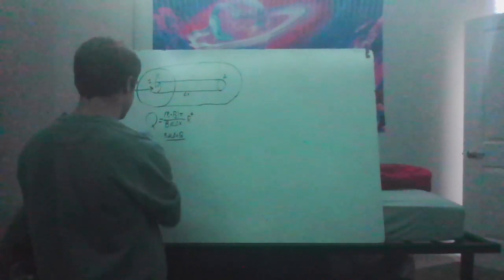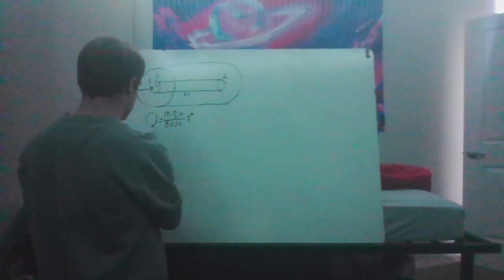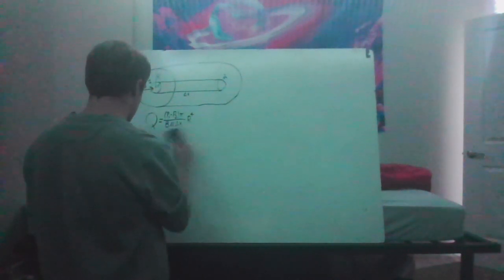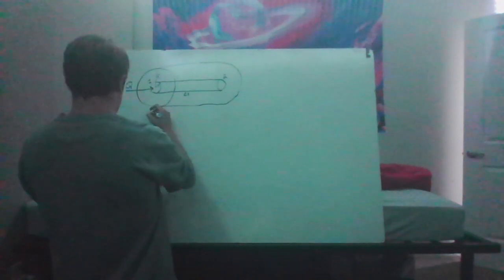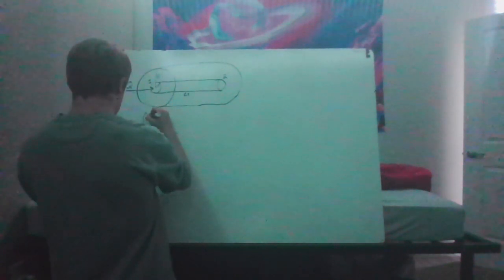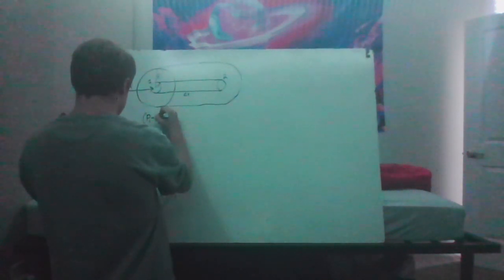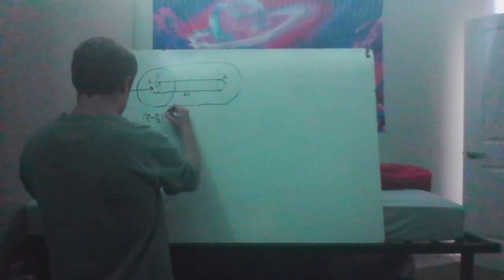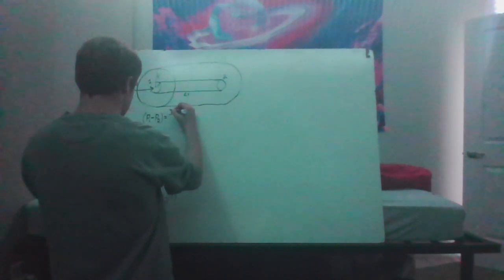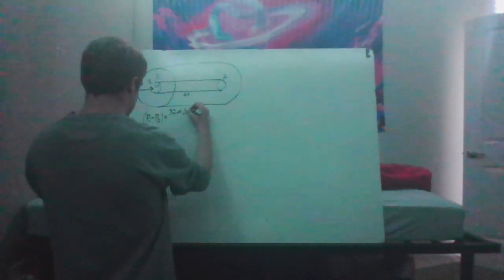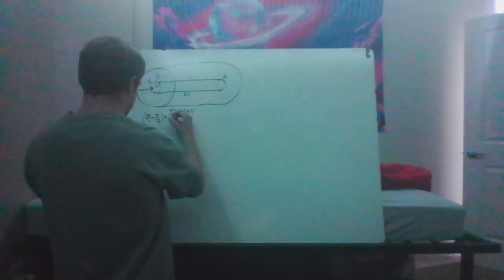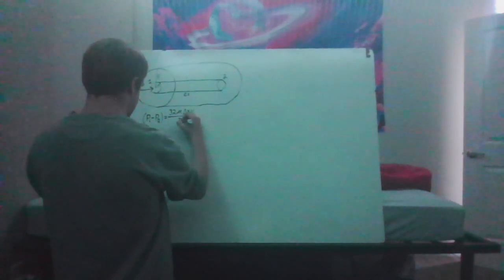So I'm going to copy that up here. P1 minus P2 equals 32 mu delta x times v all over d squared.